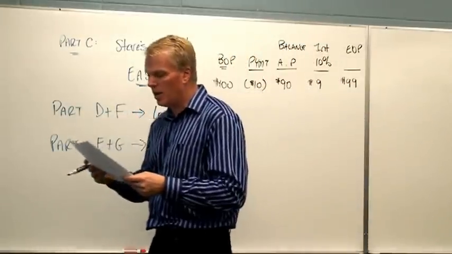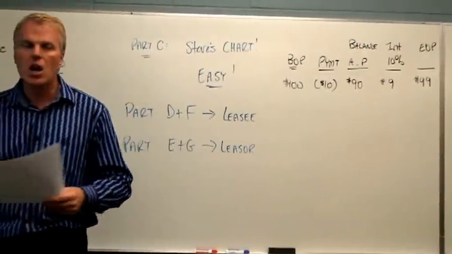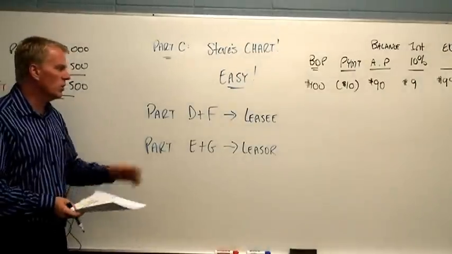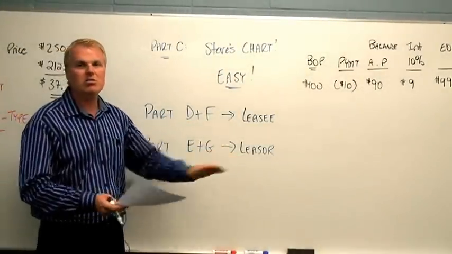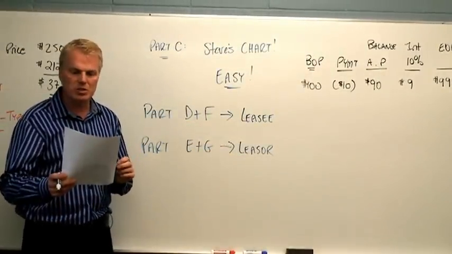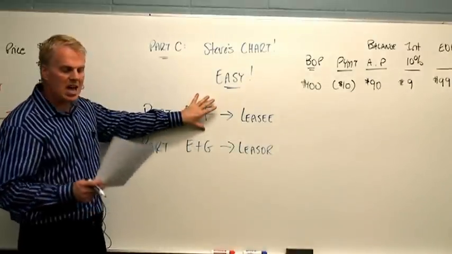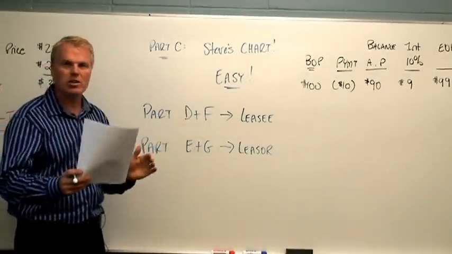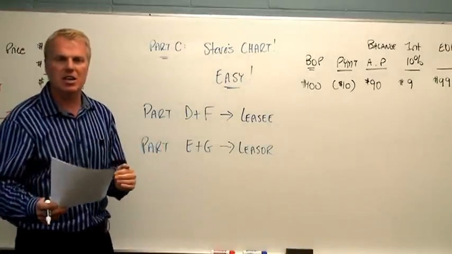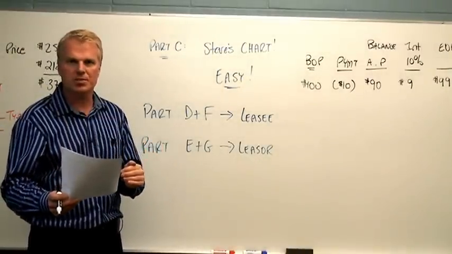Now, the last thing I want to point out here is that when you are doing this problem for the lessee and the lessor, there's no rule that says you must do D, E, F, and G in order. Do D and F first. Focus on how the lessee would do the journal entries.